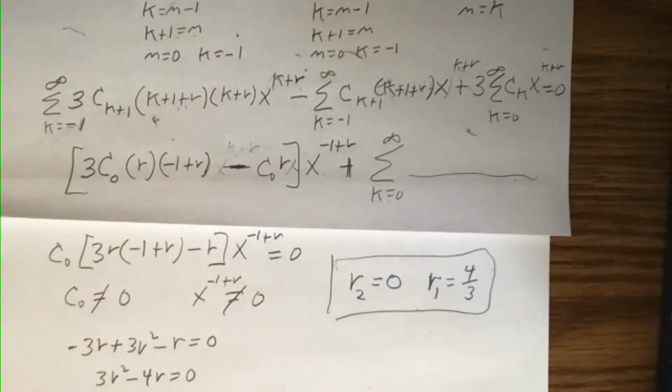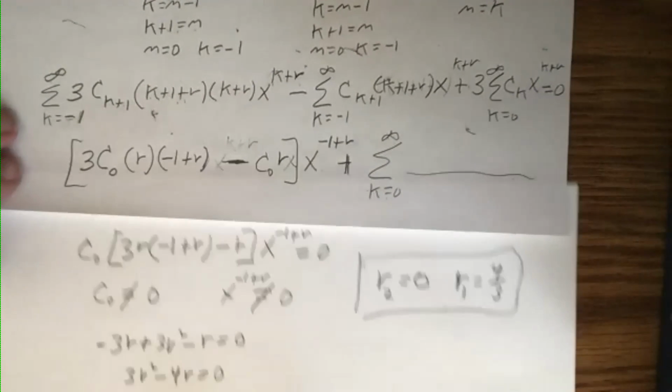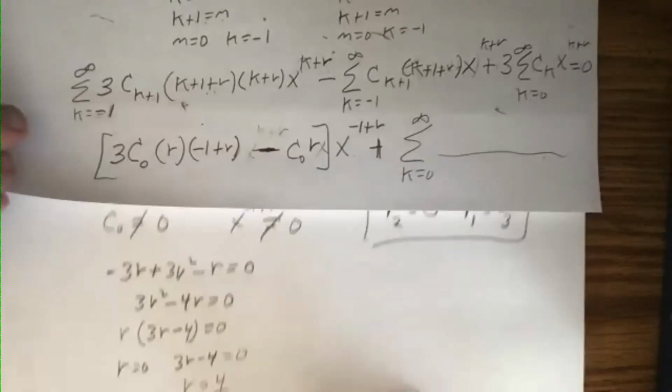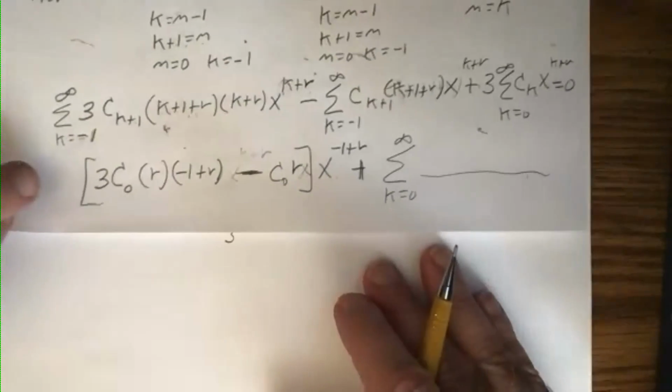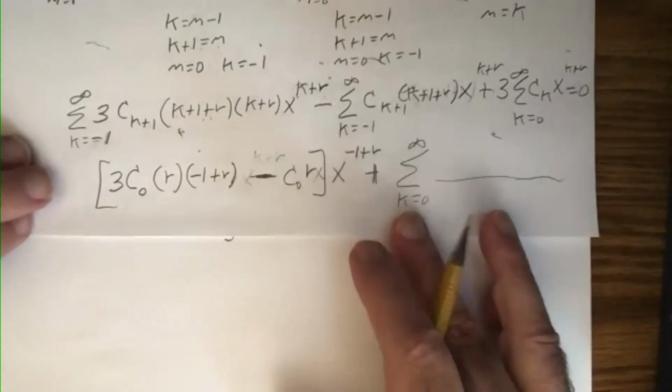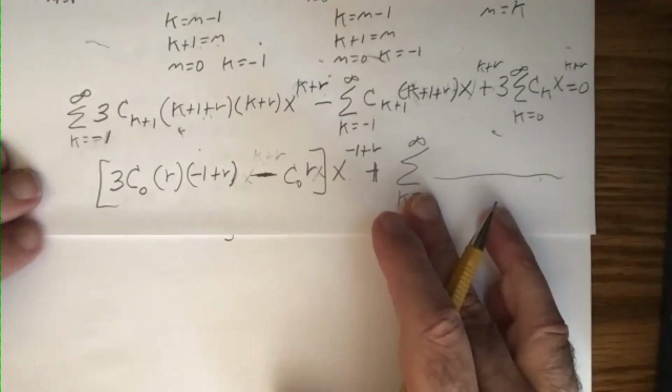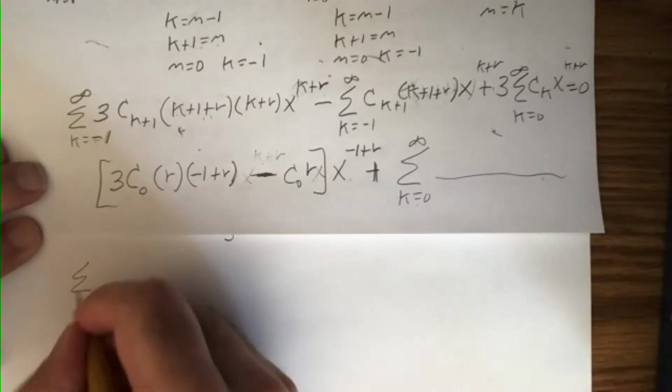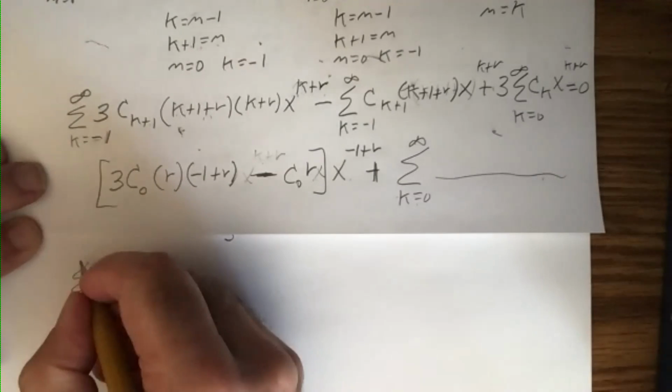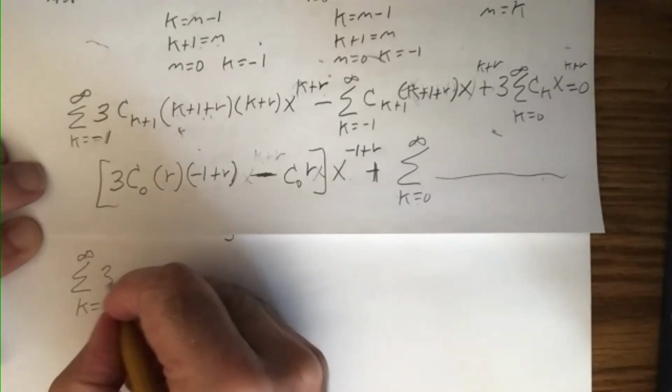Okay, so now I want to get my recursion relationship. Everything starts from 0 now, so I can write this summation, k goes from 0 to infinity of 3.